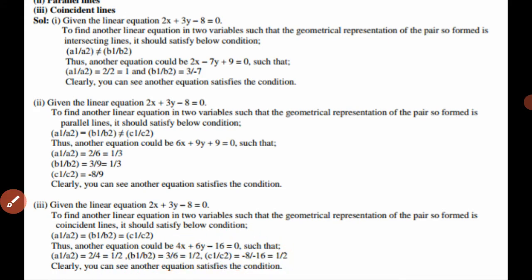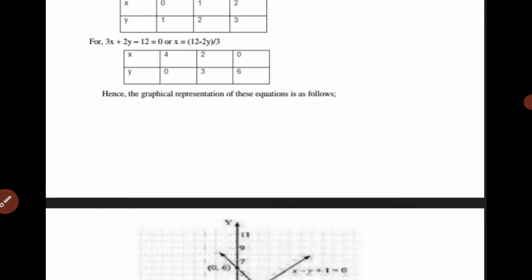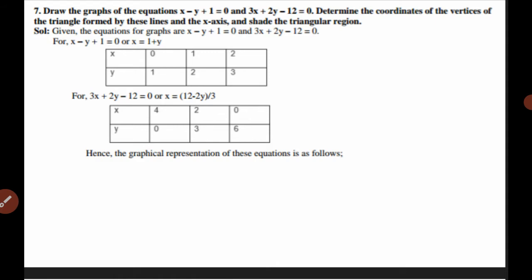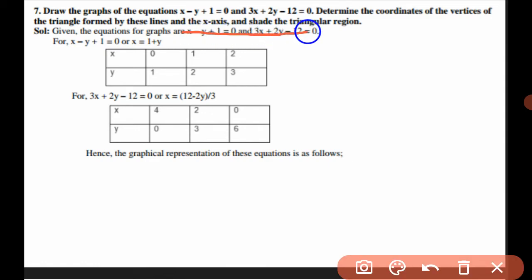Now after this, see the next question. In question number 7, we are given: draw the graph of the equations x minus y plus 1 equals 0 and 3x plus 2y minus 12 equals 0. Determine the coordinates of the vertices of the triangle formed by these lines and the x-axis, and shade the triangular region also.